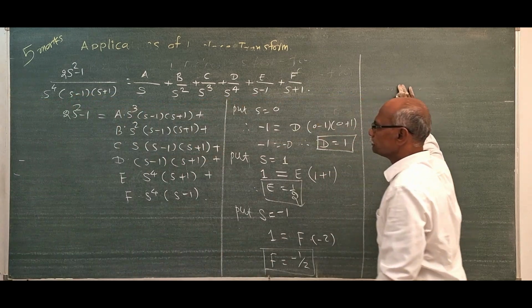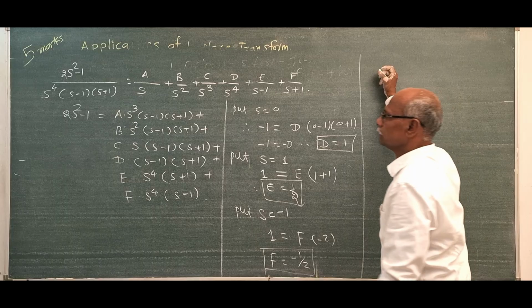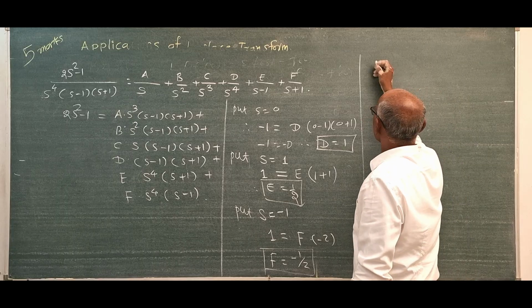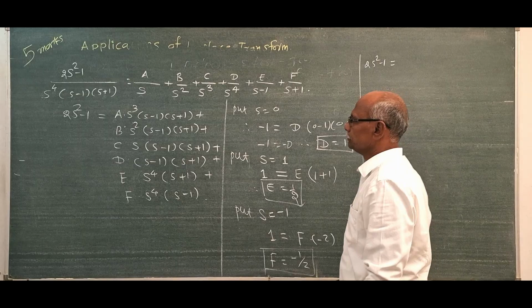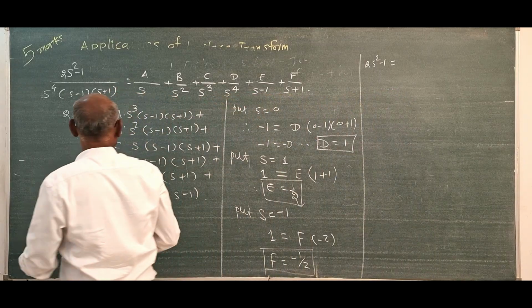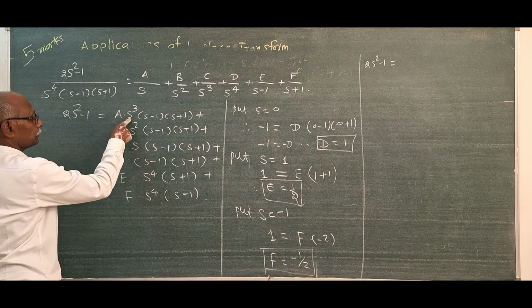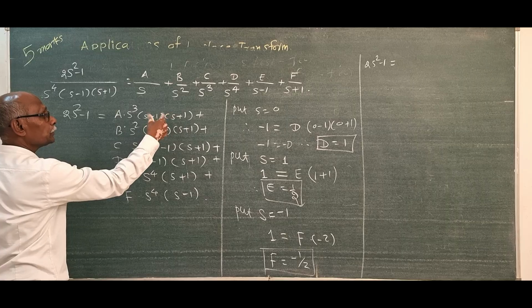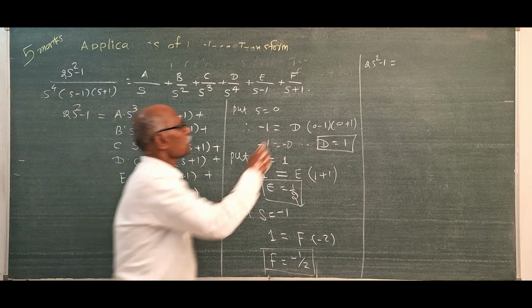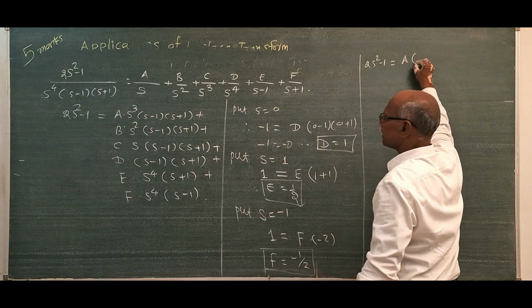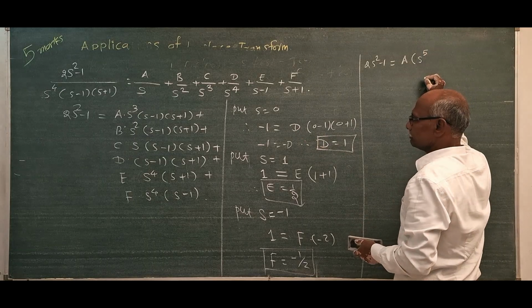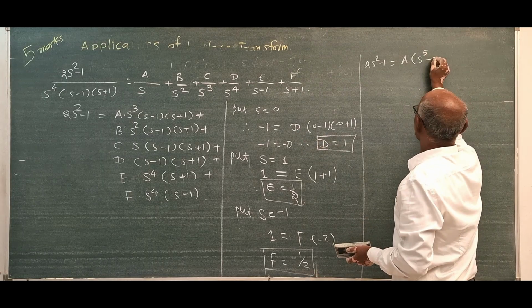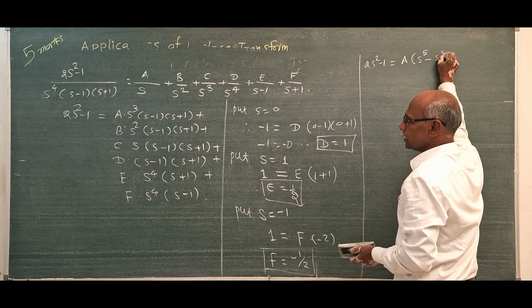Here we can write 2s square minus 1 is equal to... Here we observe s cube, and here (s minus 1) into (s plus 1). So A into the bracket: s cube means s raised to 5 minus s cube.